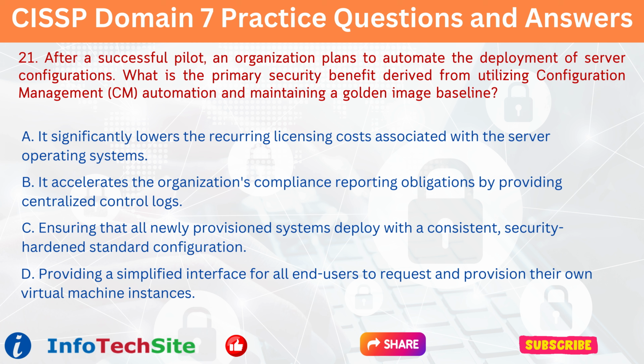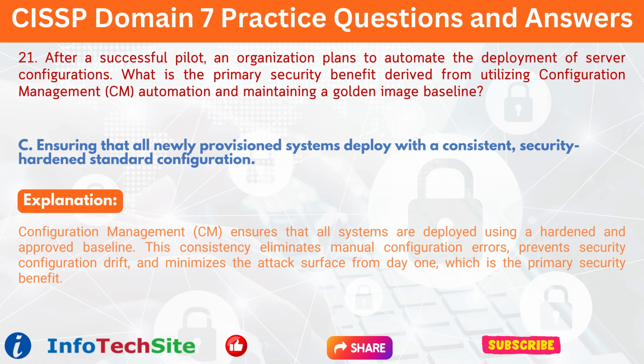B. It accelerates the organization's compliance reporting obligations by providing centralized control logs. C. Ensuring that all newly provisioned systems deploy with a consistent, security-hardened standard configuration. D. Providing a simplified interface for all end users to request and provision their own virtual machine instances. The correct answer is C.